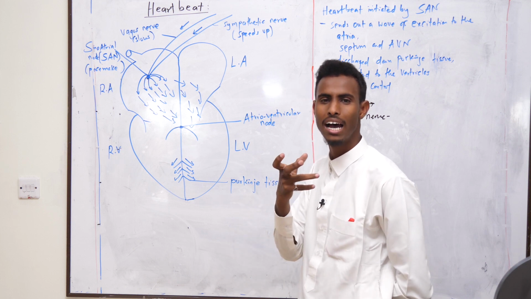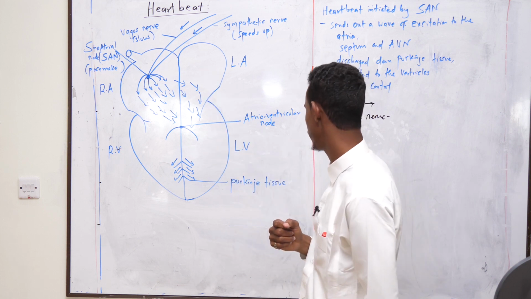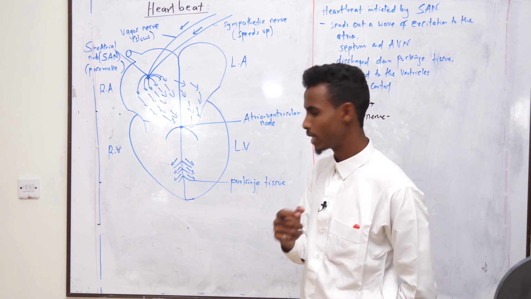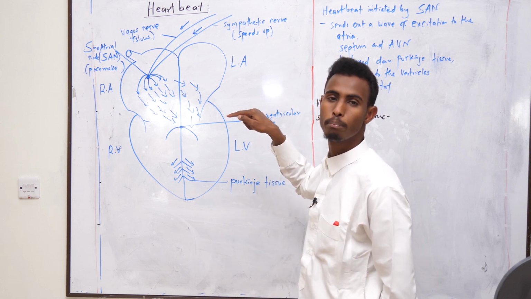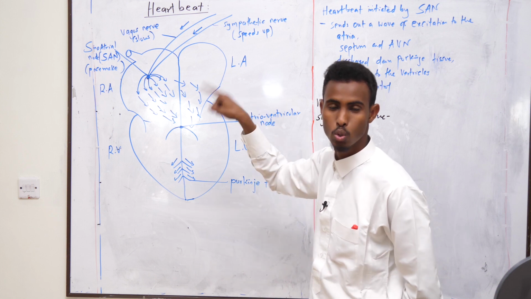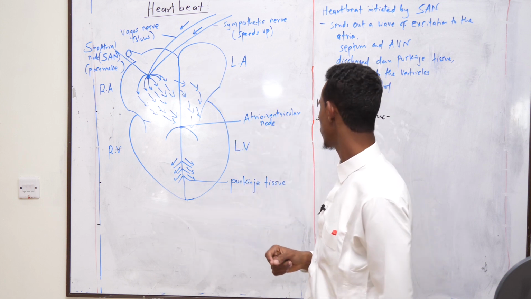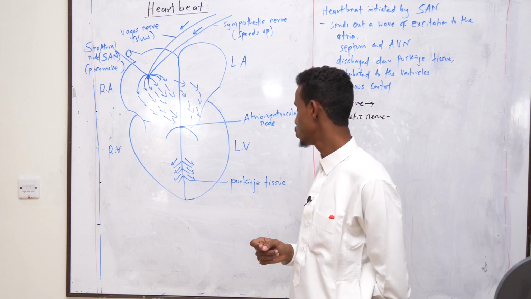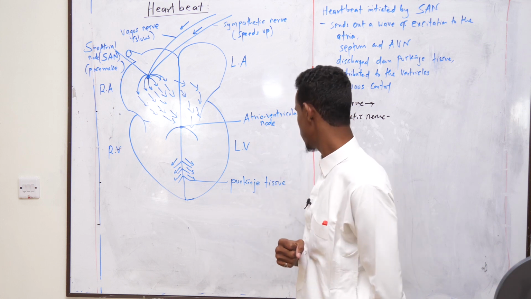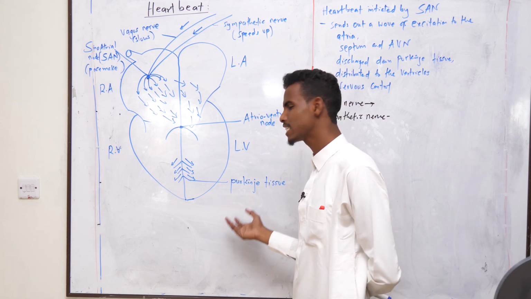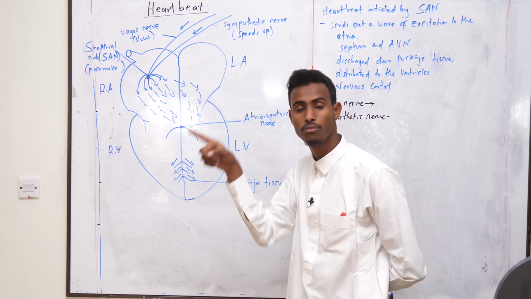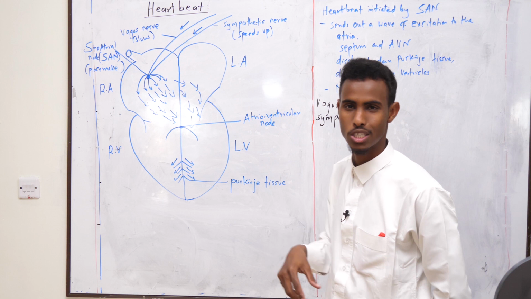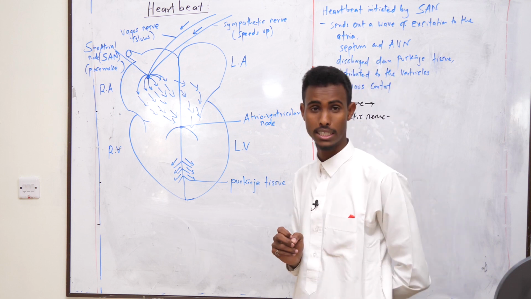Also, the pressure opens the semilunar valve. The same pressure pumps blood out of the heart through the pulmonary artery to the lungs, and through the aorta to the other body tissues and organs. From there, when blood is pumped out of the heart, what happens next? It is followed by the cardiac diastole, and the cycle keeps on repeating like that.